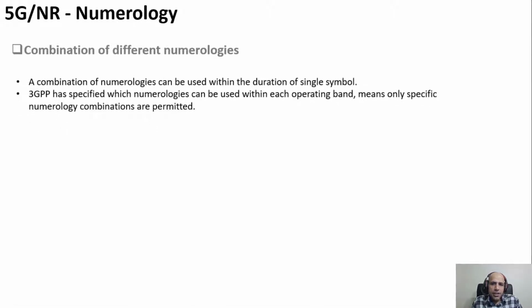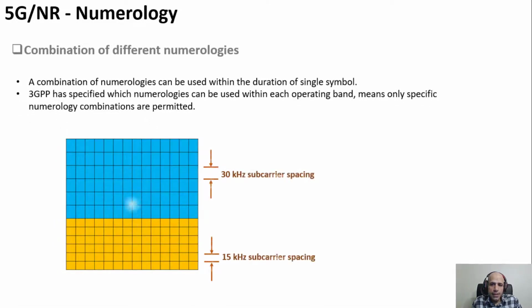A combination of numerologies can be used within the duration of a single symbol. For example, the subcarrier spacing of 15 and 30 kHz can be combined when generating the air interface waveform. The concept of combining multiple numerologies is shown in this figure. 3GPP has specified which numerology can be used within each operating band.